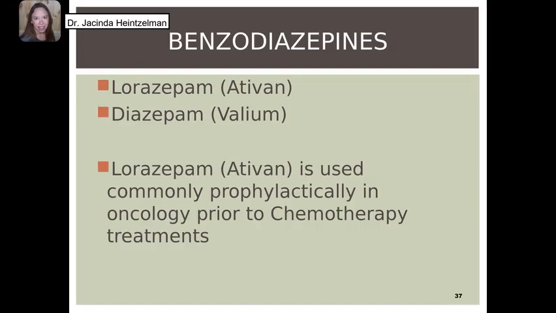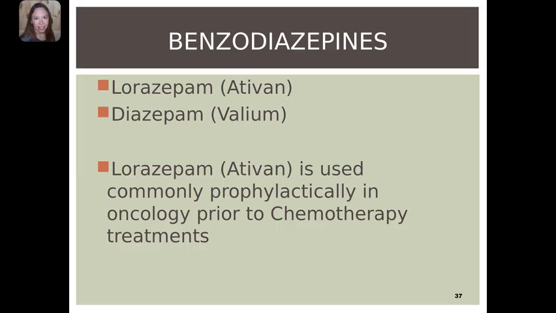Other antiemetics that we have available would be benzodiazepines, and these would be Ativan or Valium. We've talked about these medications in the past also. We can use these medications. They're centrally acting medications, so we talked about these during the central nervous system lecture.